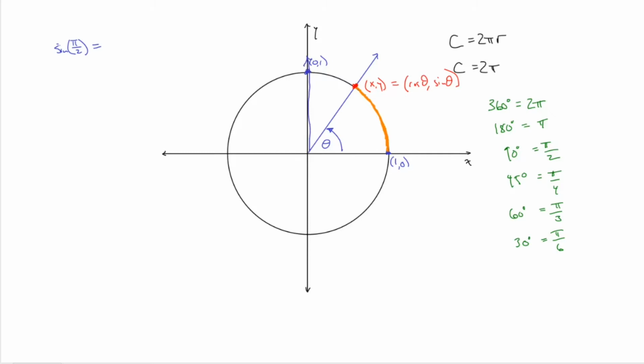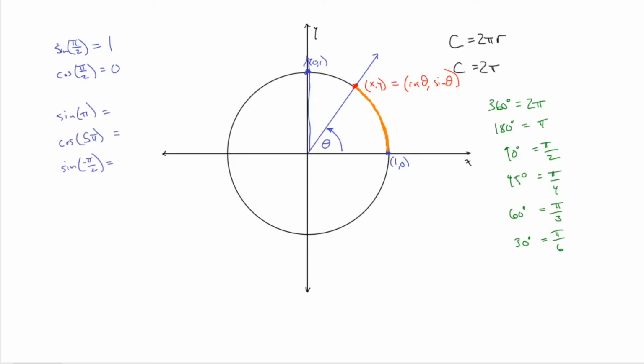This is the point where it intersects the unit circle, and the sine is just the y coordinate, and so the sine of pi over 2 is 1. By the same logic, the cosine of pi over 2 is the x-coordinate of the point where the angle pi over 2 meets the unit circle, and the x-coordinate there is 0, because the coordinates of that point are (0, 1). And so the cosine of pi over 2 is 0.